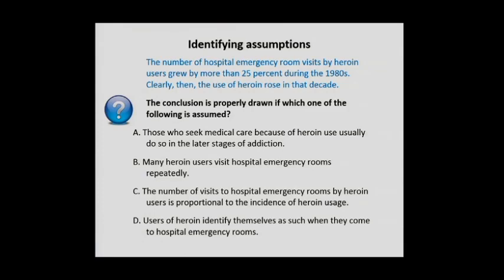The number of visits to hospital emergency rooms by heroin users is proportional to the incidence of heroin usage. Only if we had that could we actually say that there has been a rise. Otherwise it could just be that it's the same, more people are visiting the emergency room, or more people are identifying themselves, and so on.